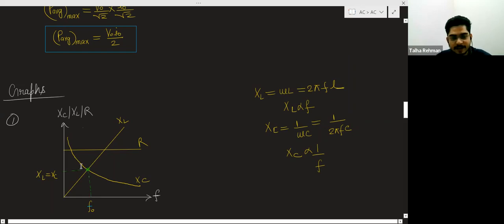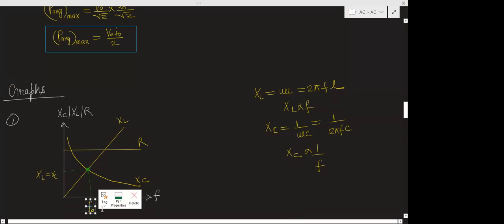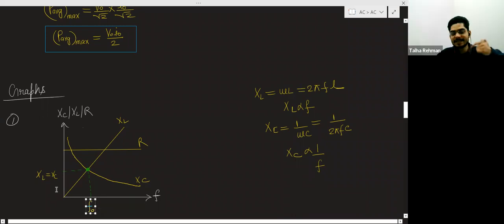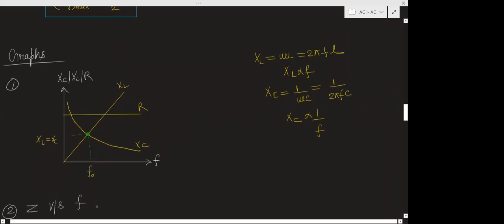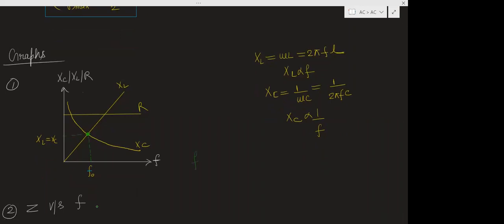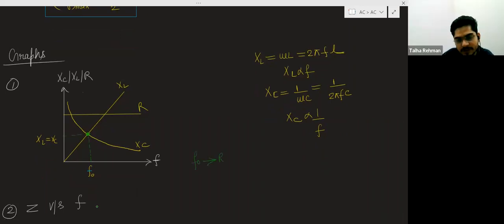Here both XL and XC become equal at this point, and this is the condition of resonance. Here you are getting the resonant frequency. So XL is equal to XC, and f naught here is the resonant frequency.